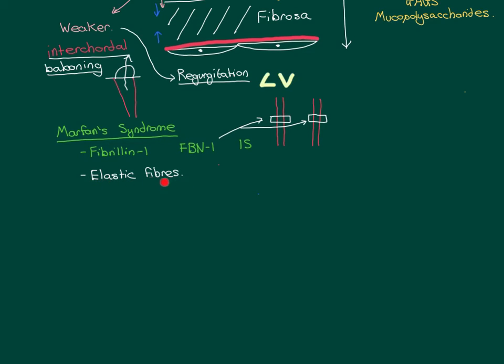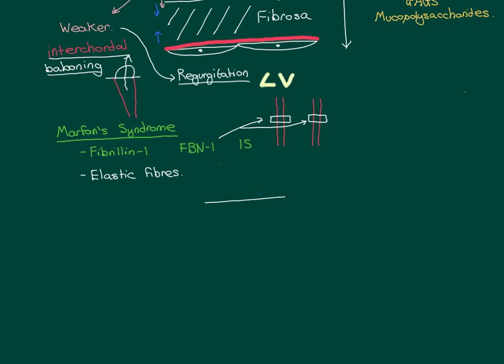These things are getting to the size where you're just about able to see them on a microscope, whereas these tiny little polypeptides, you can't see those on a microscope. So loads of polypeptides come together to make an elastic fiber. It's the same when we're talking about collagen fibers. They are not just a single polypeptide, they are loads of polypeptides all stuck together. So an elastic fiber that makes up elastic connective tissue consists of loads of polypeptides stuck together, and it has a core region that consists of elastin polypeptides and an outer region which consists of fibrillin-1.